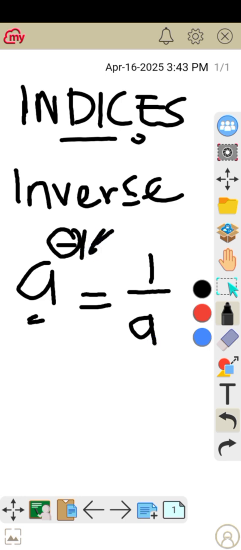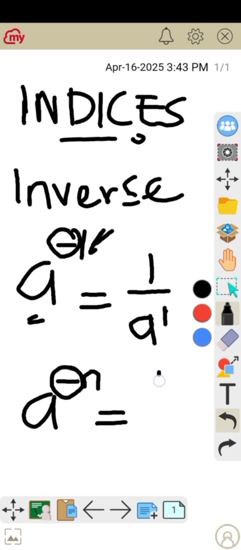Whatever power you have here, put it up here. So in an event, we have something like this. It can be presented as 1 over a, my base, my power is n. I put it like this. So this is how we present our inverse law.